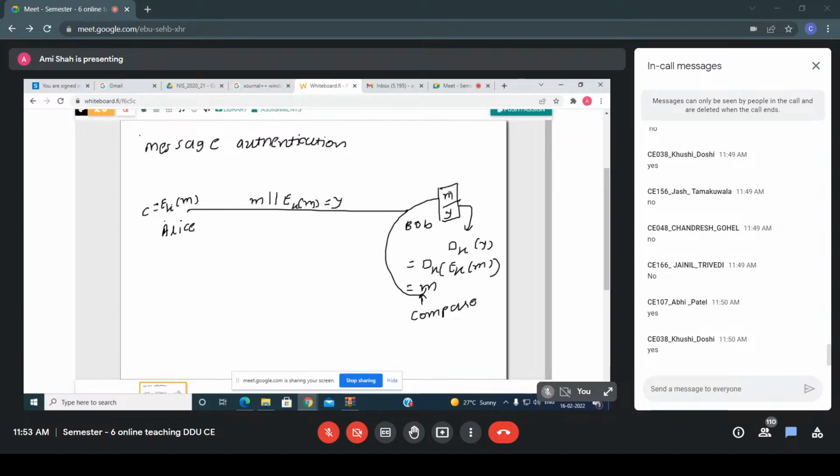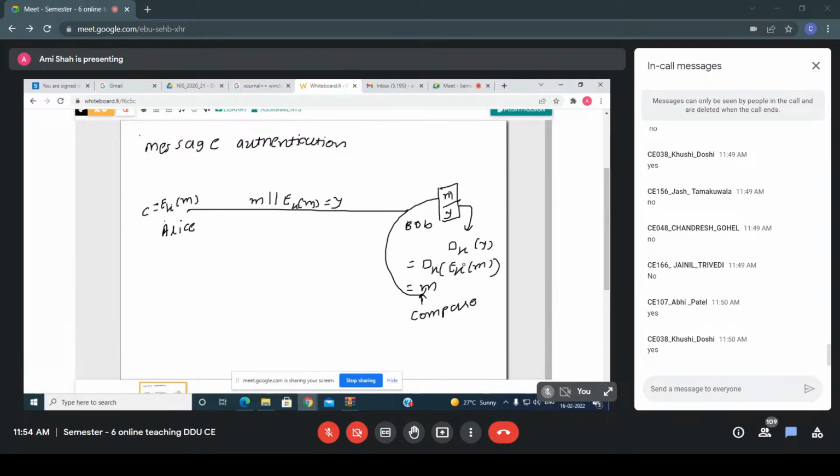Now what can Bob do? How will Bob authenticate that the message is coming from Alice? First of all, Bob decrypts it with this key.